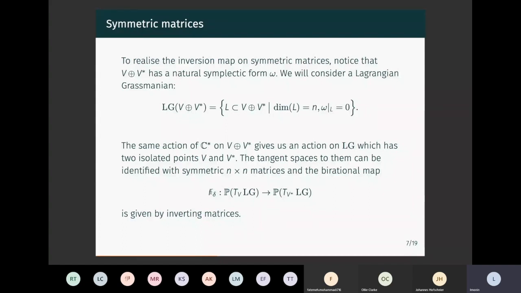We can similarly construct the map F delta, which is also a birational map. The tangent spaces can now be identified with the space of symmetric matrices, so the corresponding birational map will be the inversion map between spaces of symmetric matrices.